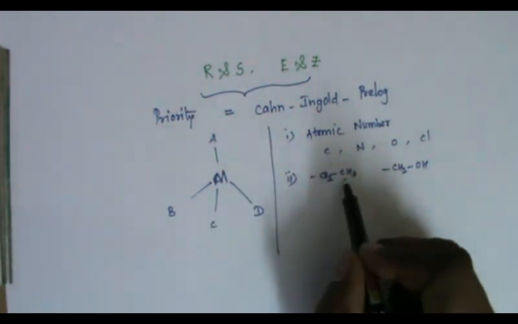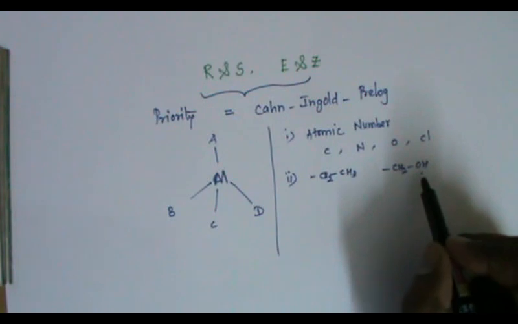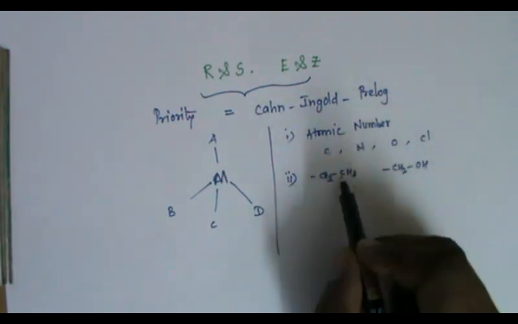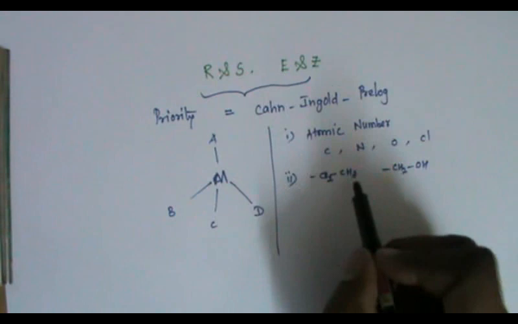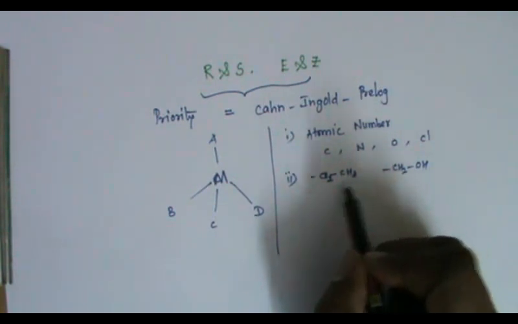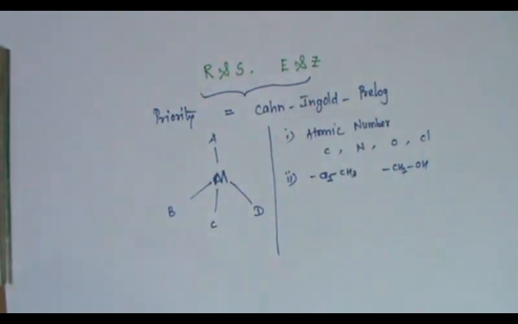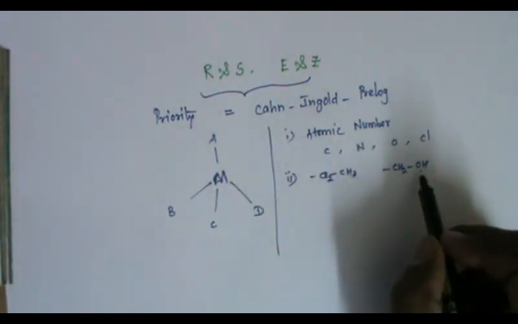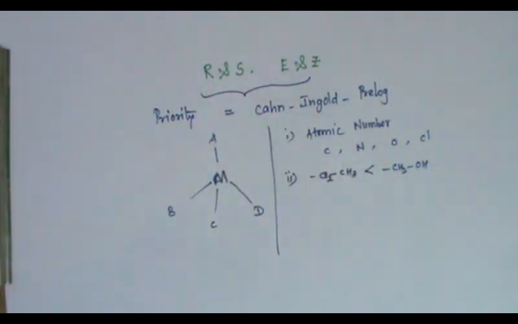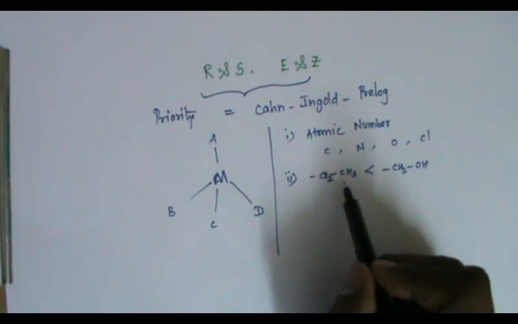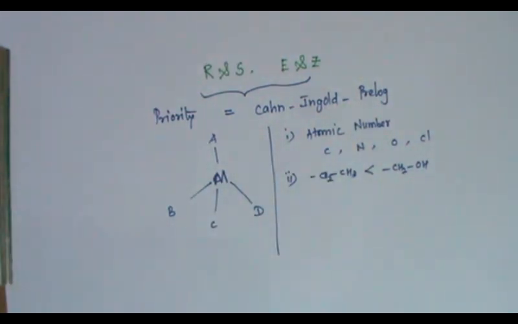In this case it is CH3, but here it is OH. The atomic number of O is more than carbon. So you have to look for the atomic number of the atom, not the group. So OH will get higher priority than this one. Suppose the second atom is also the same, then go for the third. Like that, you have to go on until you are able to distinguish the groups by the atoms. This is the second rule.